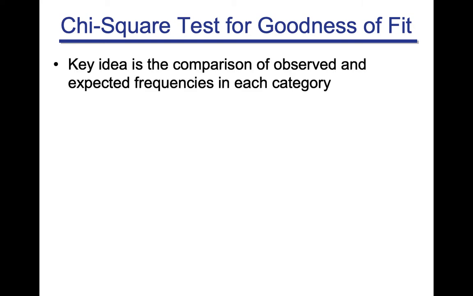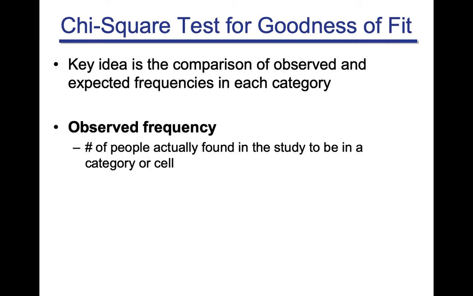So here's our chi-square test for goodness of fit, and I'm going to use some very simple examples to illustrate these techniques. With a chi-square test for goodness of fit, the key idea is the comparison of observed and expected frequencies in each category, or we could say each level of the categorical variable.